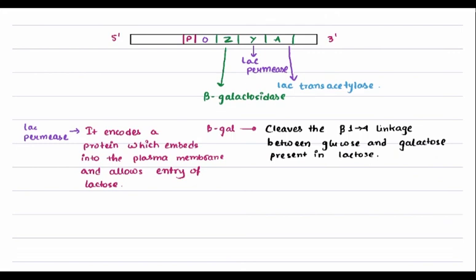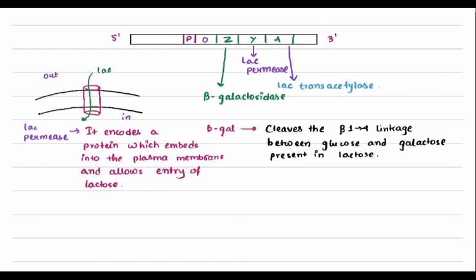So whatever protein is being formed is being utilized in the metabolism of lactose. If I draw it over here, if this is the plasma membrane, then Lac-permease sort of creates a pore on the plasma membrane, and if this is the outside and this is the inside, it will allow lactose to come inside the cell. So it is permitting the entry of the lactose.